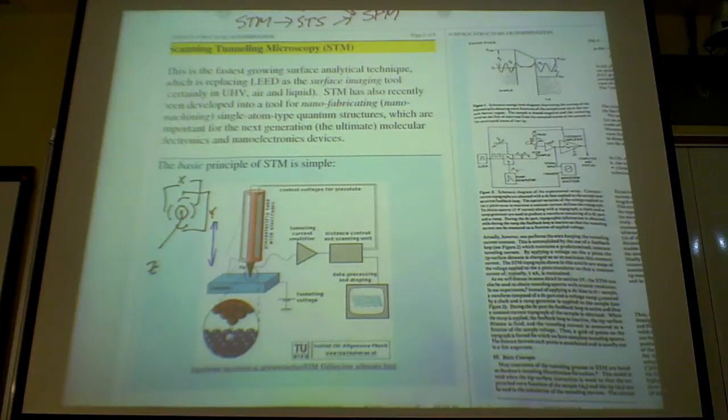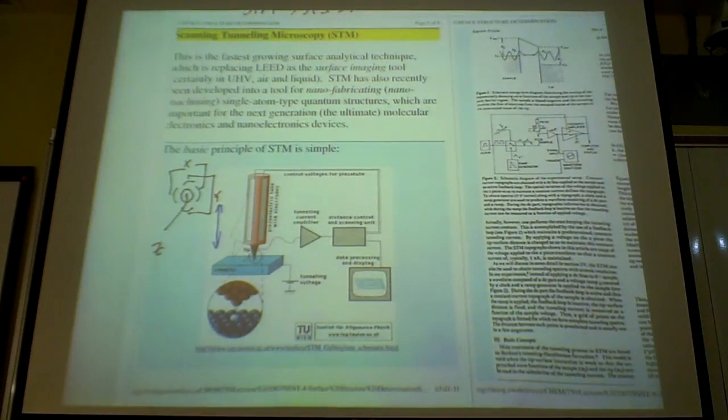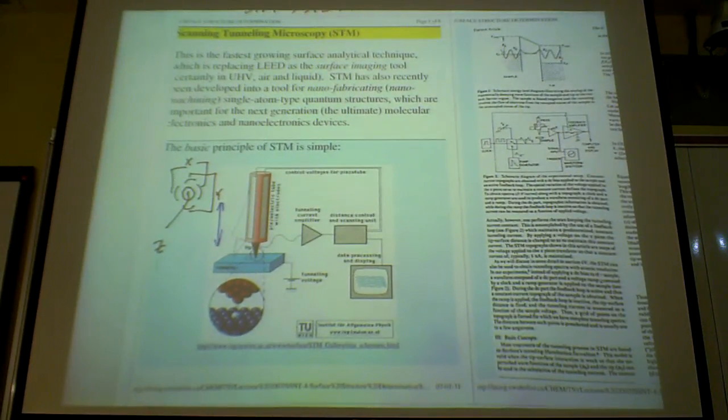So the STM, what gives rise to STM? The reason why the IBM people could come up with this is because of material science, because they discovered that there's something called piezoelectric. Okay, piezoelectric is a ceramic.